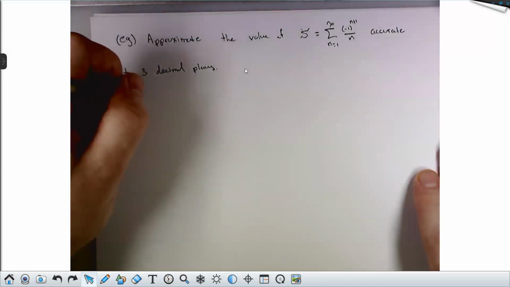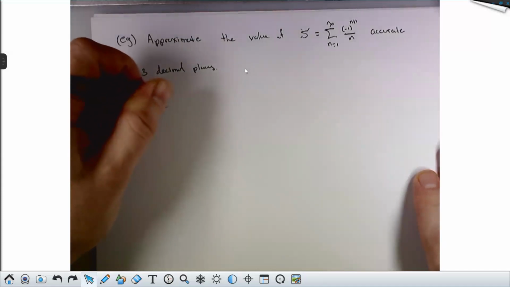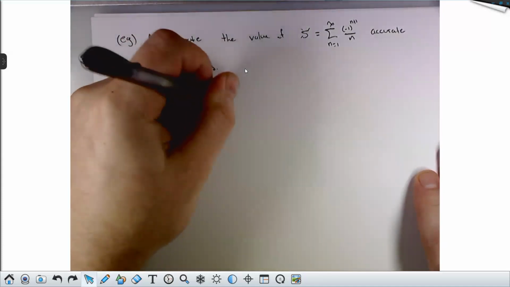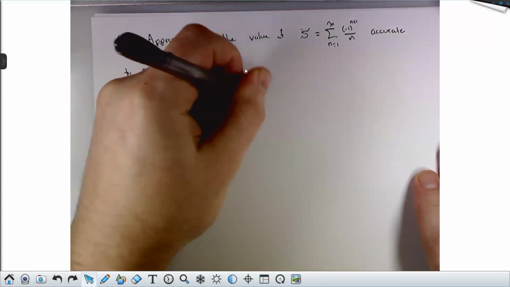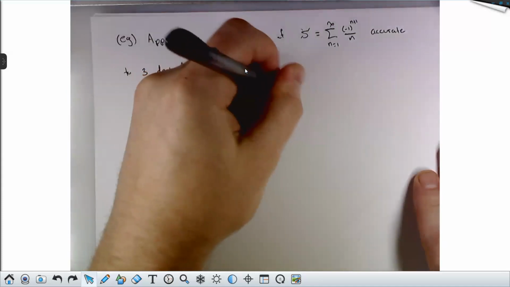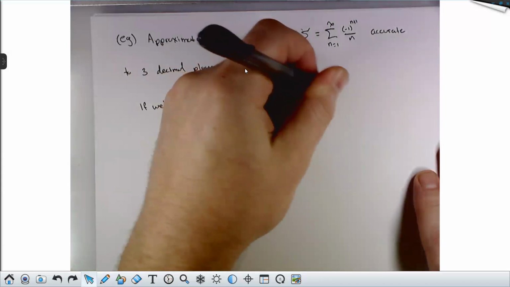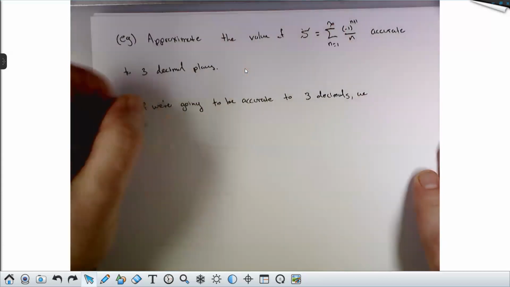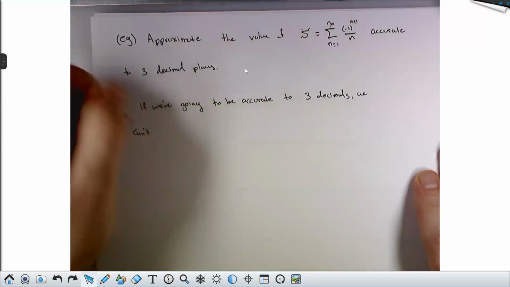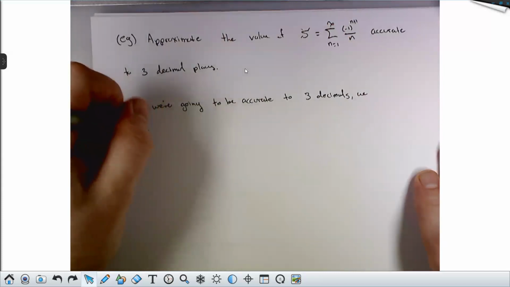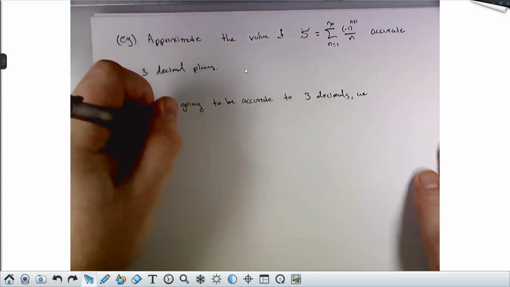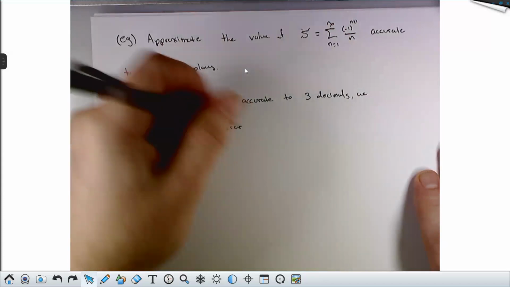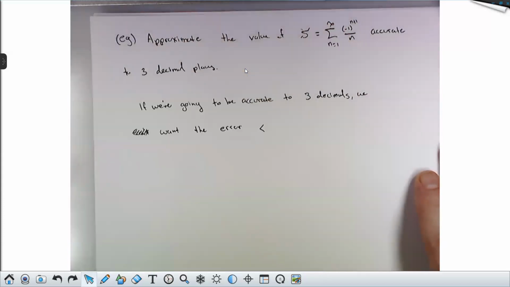The error, so if we're going to be accurate to 3 decimal places, we want the error to be less than what?